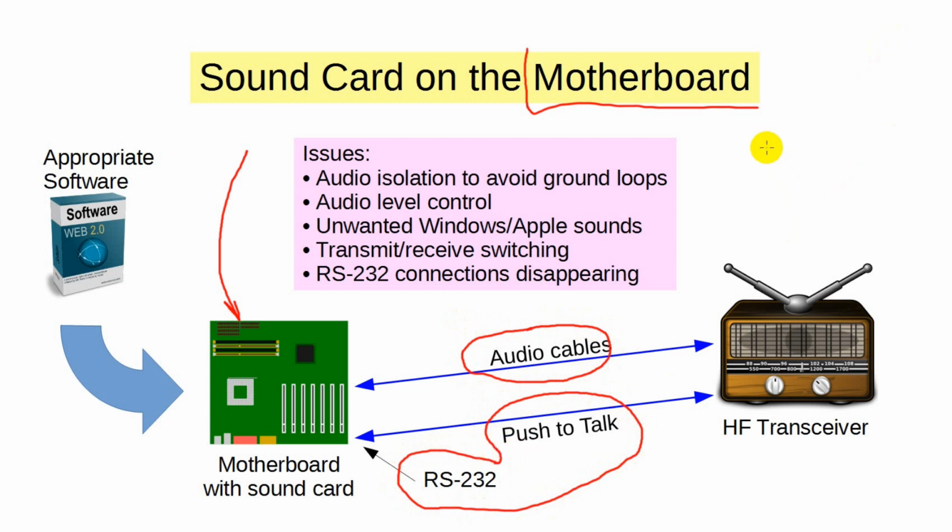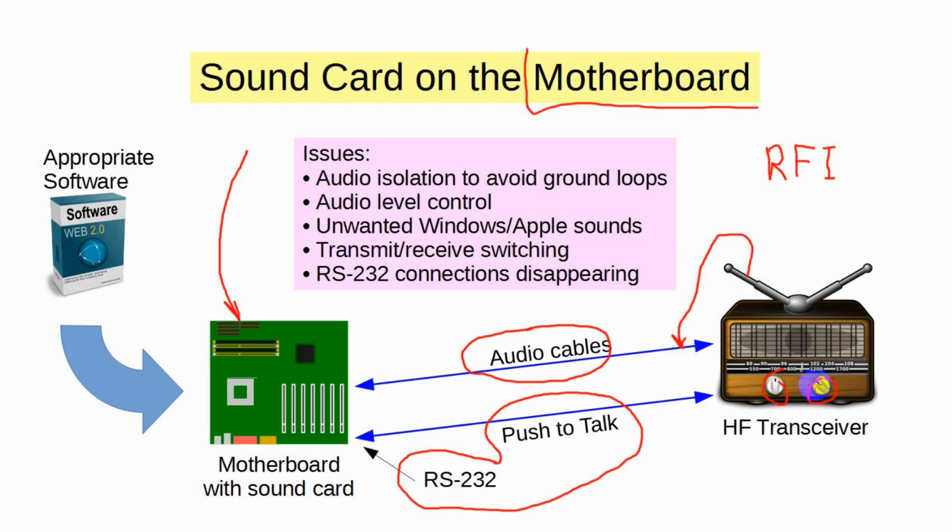But issues quickly arose in the amateur radio community. Connecting the audio is fine, but when transmitting, it's a great way to create RFI in those audio cables, and ground loops became an issue. Also, transceiver audio input and output levels were an issue, and getting everything set right was tricky.